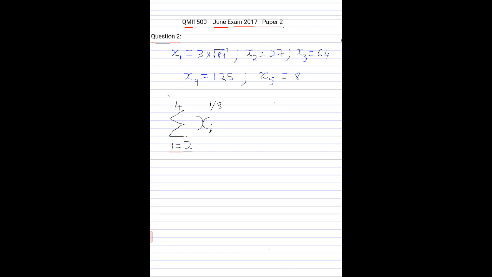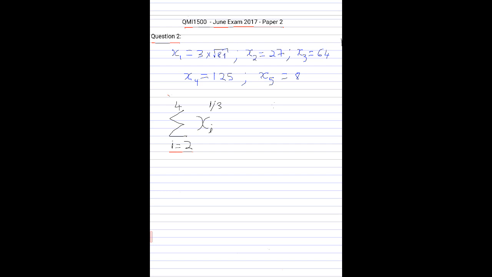By default we do not include any values of i that are less than 2 and any values of i that are greater than 4. So, for example, x1 is not included, x5 is not included. If there was an x6, x6 would not be included. So we're only looking at the sum of x2, x3, and x4.